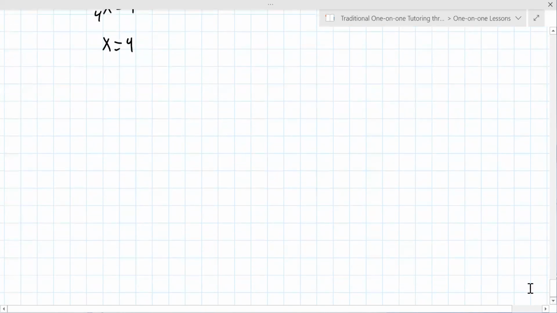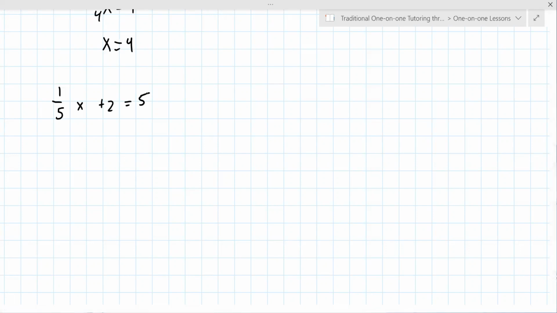3 more to go. I want you to do all of these on your own and correctly, which I know you can do. Okay, and then we'll synthesize here and see if you've got the group understanding. So 1/5 x equals 15 for the first one. Correct. Next one is 1/8 x plus 4 equals 12.